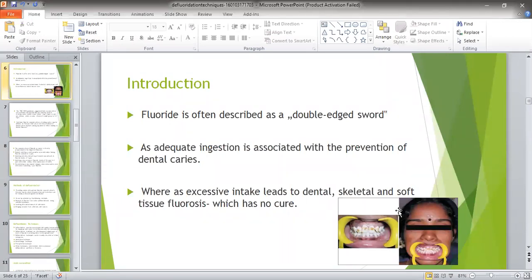So basically, fluoride is described as a double-edged sword. ठीक है, double-edged sword का मतलब है कि इसका adequate ingestion is associated with the prevention of caries. We all know, and excessive intake leads to dental, skeletal and soft tissue fluorosis.